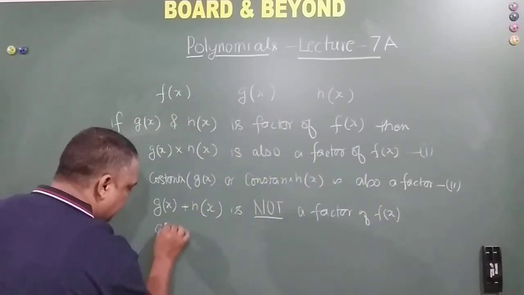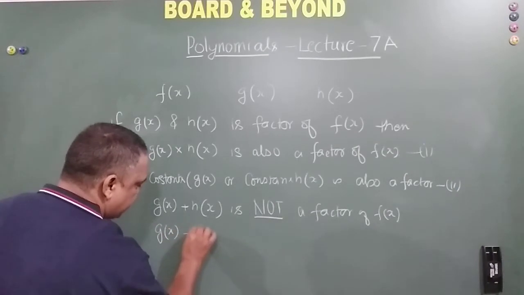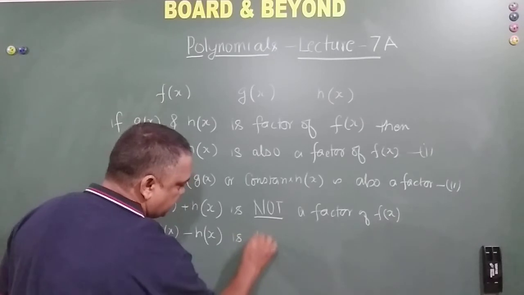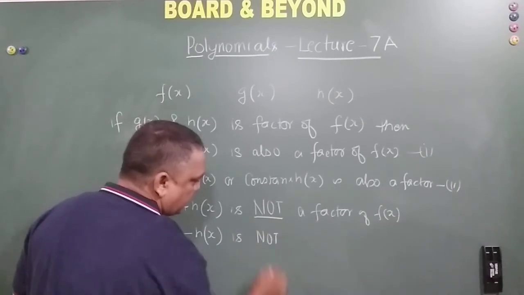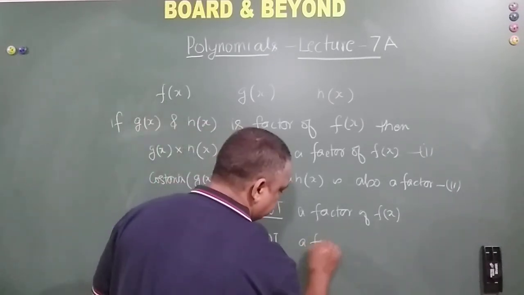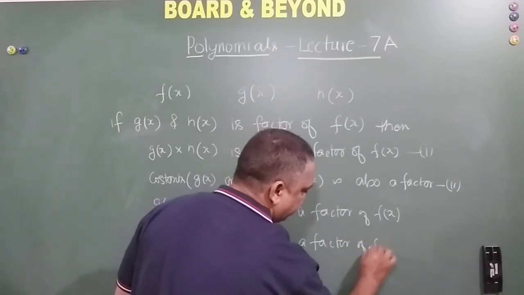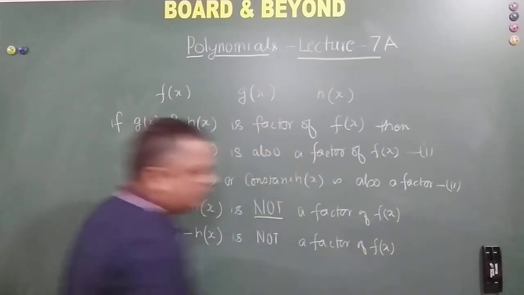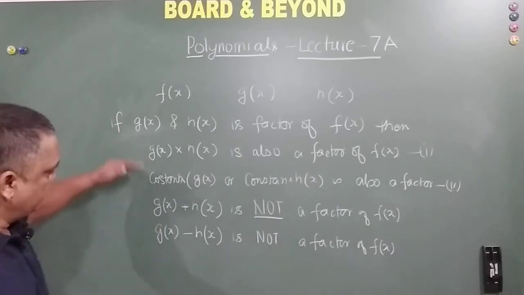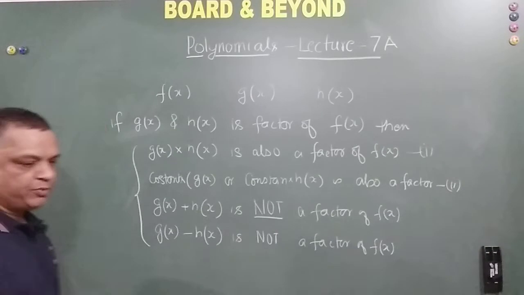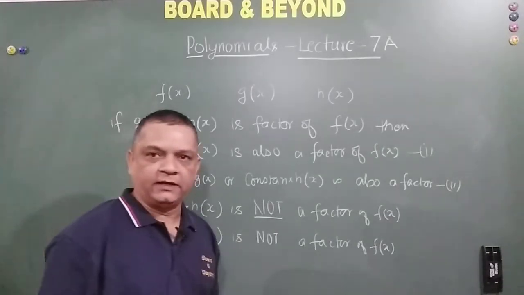Similarly, g of x minus h of x is not a factor of f of x. So these 1, 2, 3, 4, you are able to see this? Let me just briefly explain you this, right?